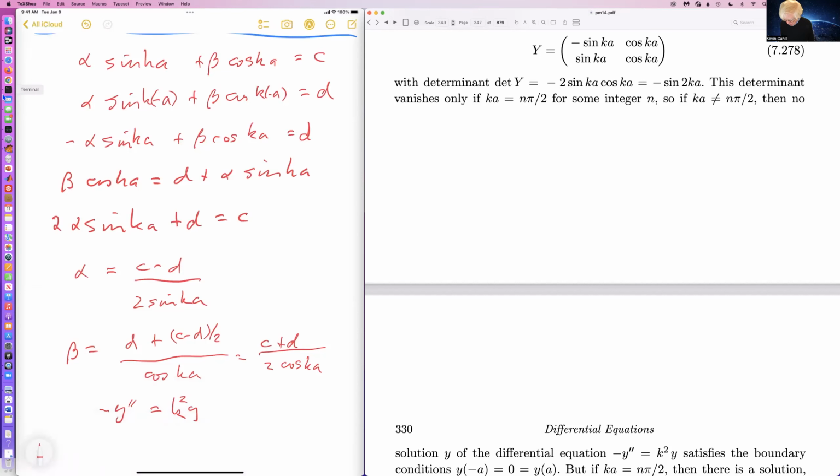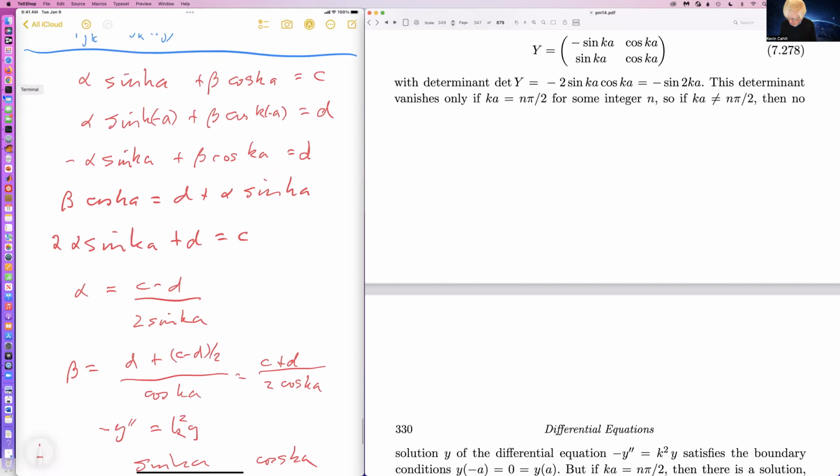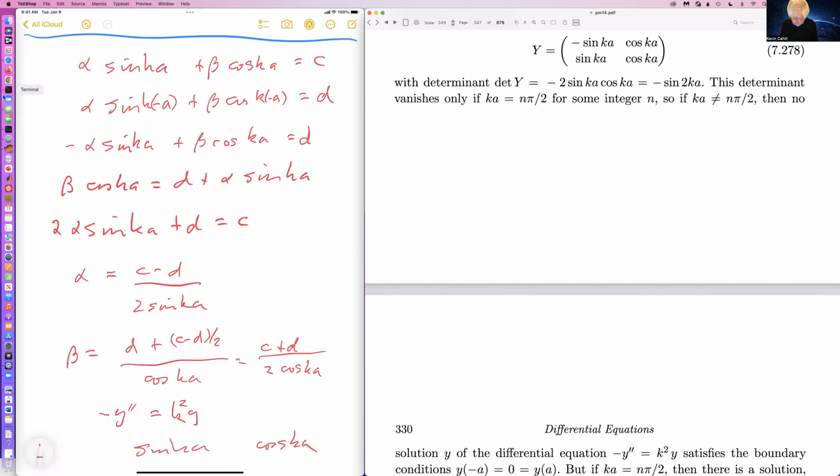Of course, you know the two solutions are sine kx and cosine kx. And then you impose these boundary conditions at the top.